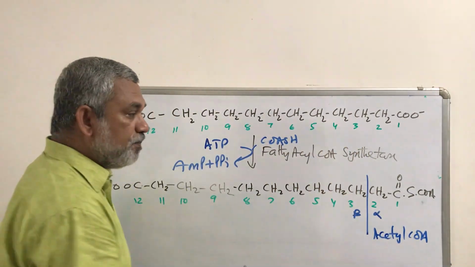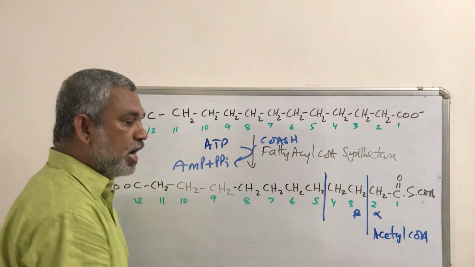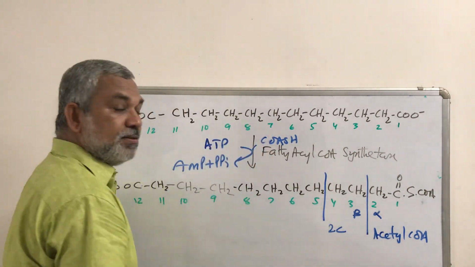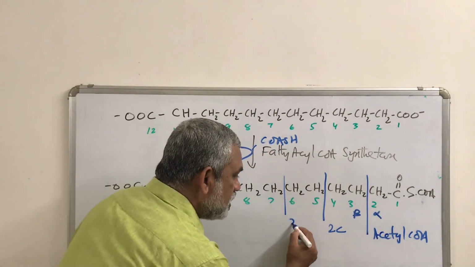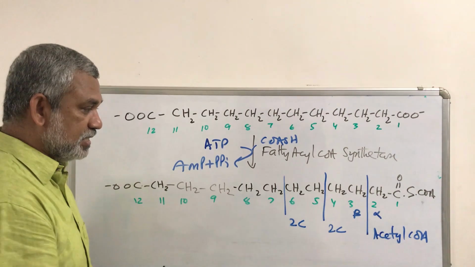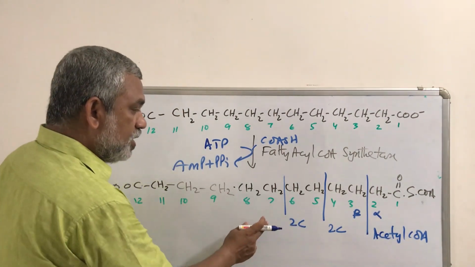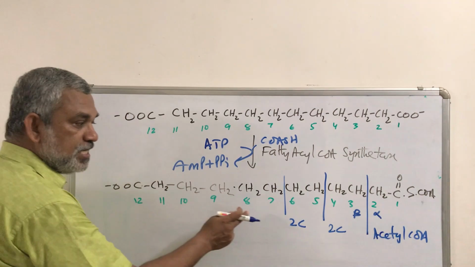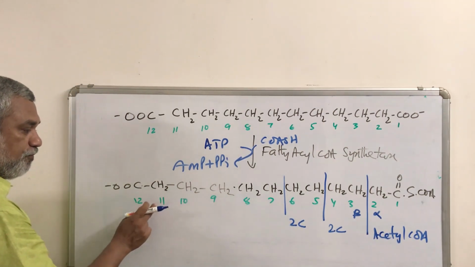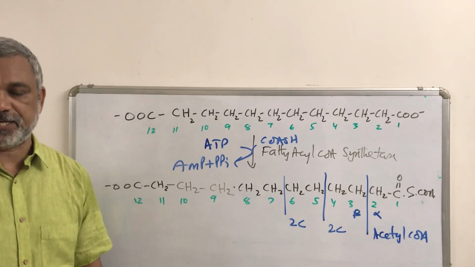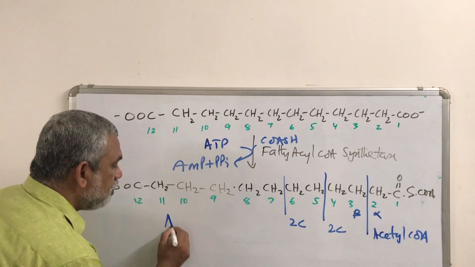Then in another round of beta oxidation, another 2 carbons are removed. In the third round of beta oxidation, another 2 carbons are removed as acetyl-CoA. After this third round, you are left with a fatty acid of 1, 2, 3, 4, 5, 6, 6 carbon atoms. This is adipoyl-CoA.